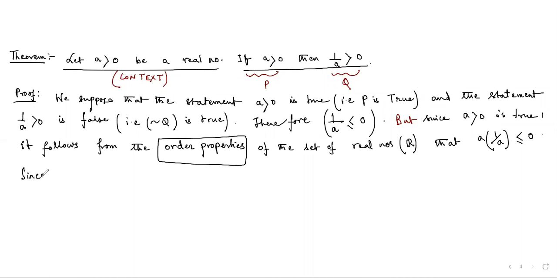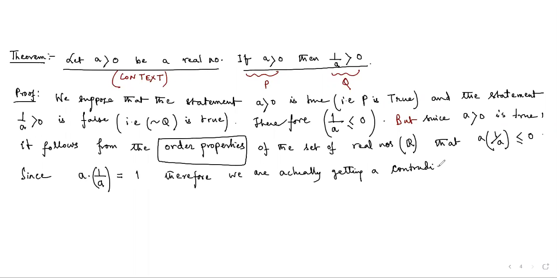Since A into 1 by A is equal to 1, therefore we are actually getting a contradiction, which is 1 less than or equal to 0, because we know that it cannot be true.